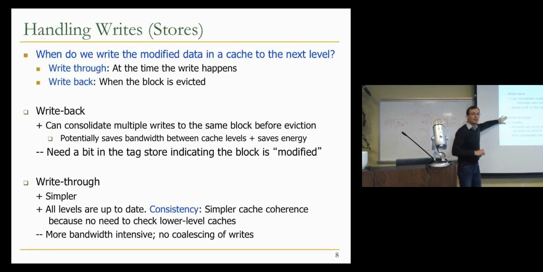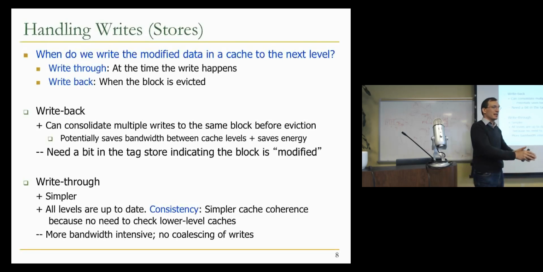But there's one advantage to write-through caches, which will be more apparent when we talk about coherence. In this case, all cache levels are really up to date. Whenever you write to a block, assuming all of your hierarchy has write-through caches, there's no inconsistency between cache levels. Memory has the same copy as this cache. You haven't modified something out of sync with something else. This leads to consistency.